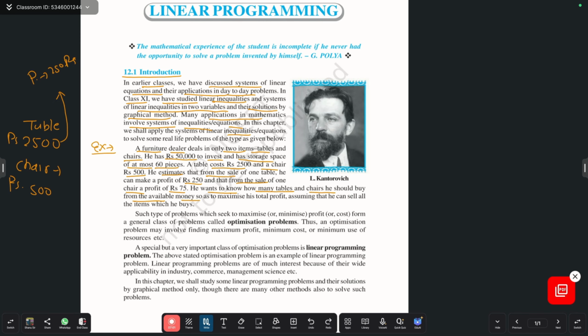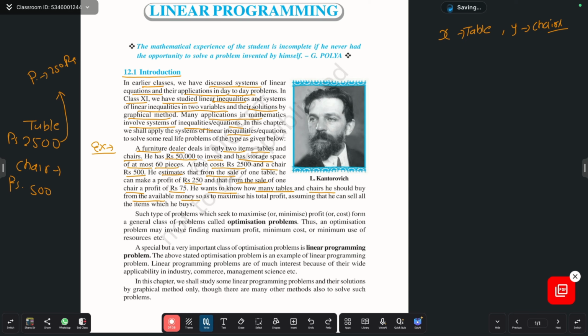You know mathematics, then you can find the solution. So firstly, suppose you want to purchase X tables and Y chairs. In the LPP you will have some constraints and some linear equations.